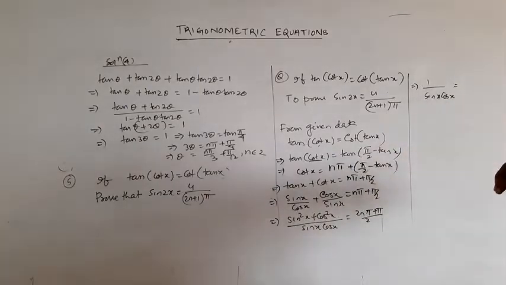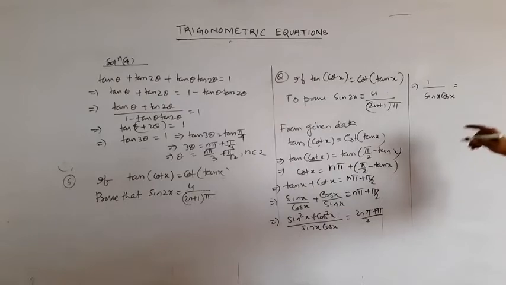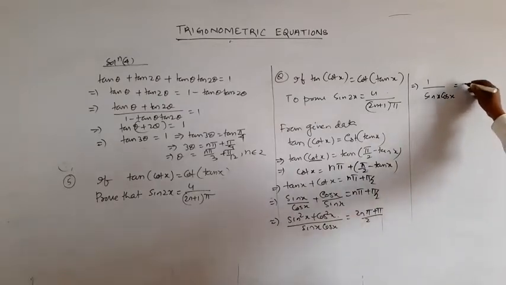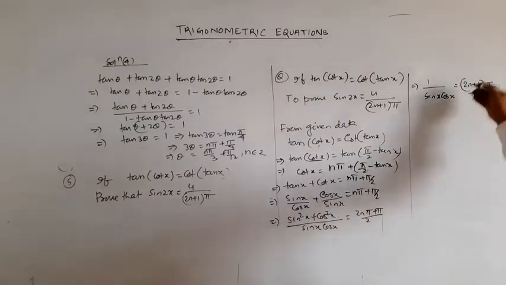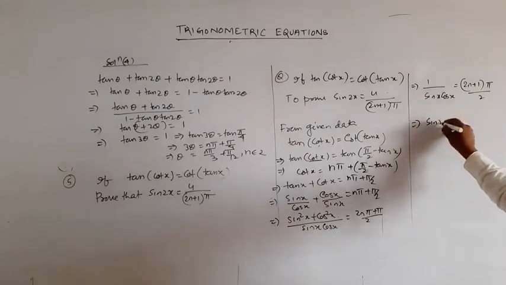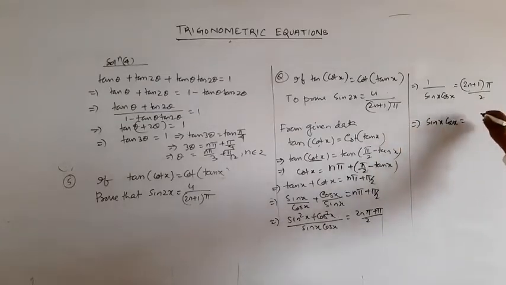this is pi common here. So (2n plus 1) into pi by 2. So taking the reciprocal, sin x into cos x is equal to 2 by (2n plus 1) into pi.